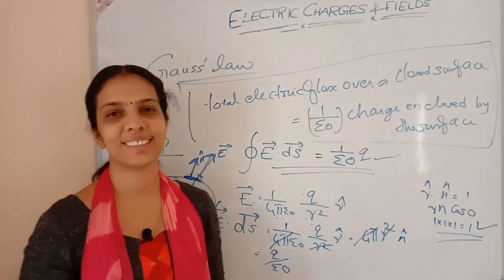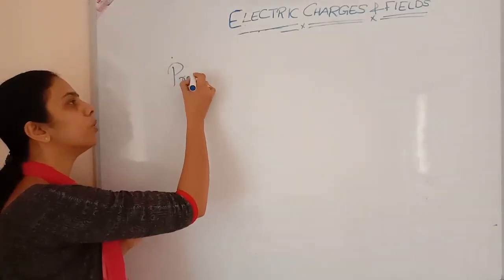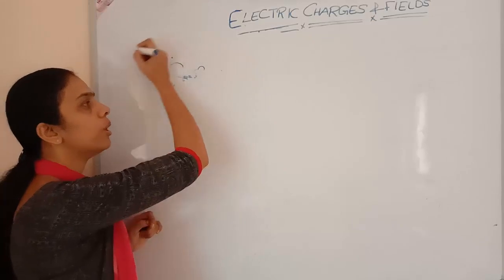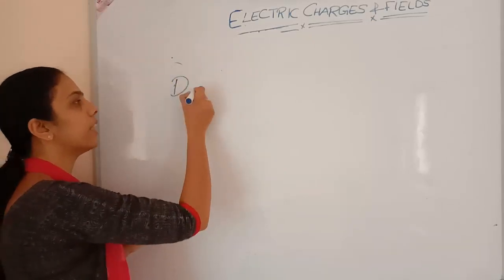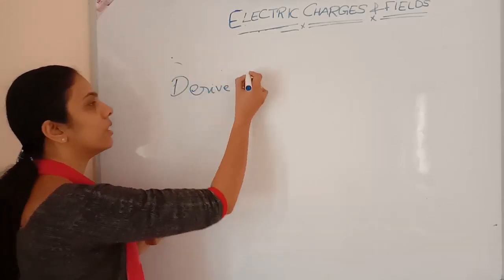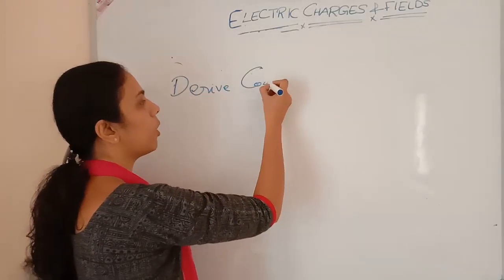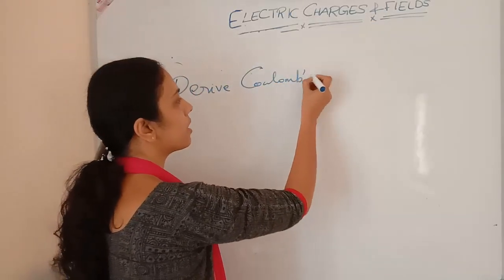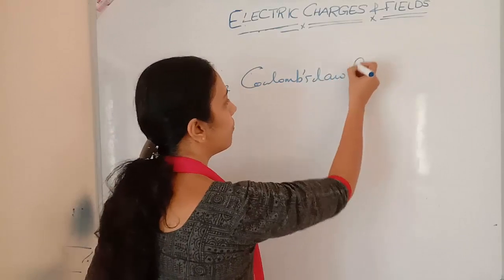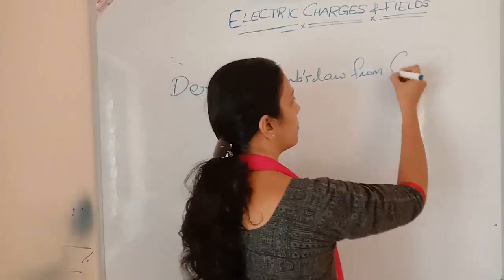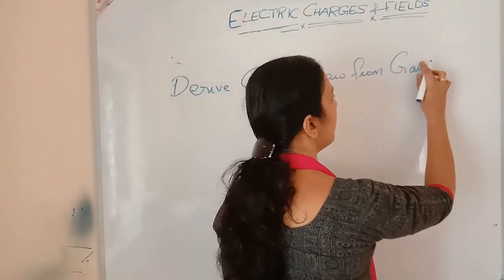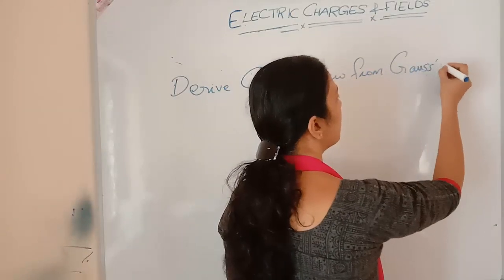How will we do that? So, proof or derivation of Coulomb's law from Gauss law. How can we derive Coulomb's law from Gauss law?